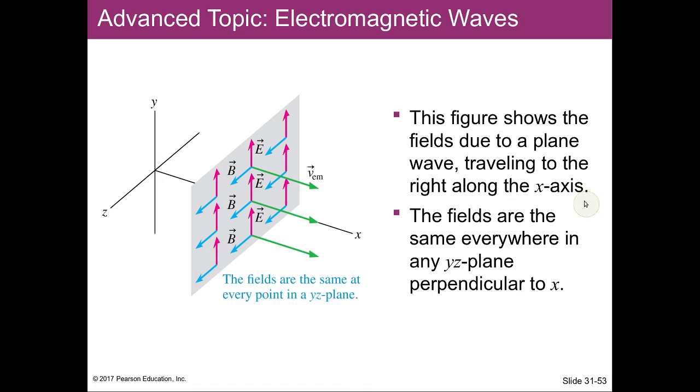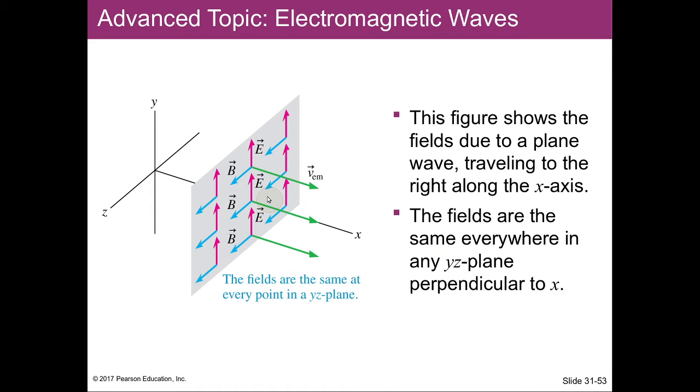Well, let's suppose we have an electromagnetic wave that's propagating along the x-axis. It's not just a point beam of light, but it's a wavefront in three-dimensional space, and so at any instant in time that wavefront is a plane in the yz plane that's advancing along the x direction.